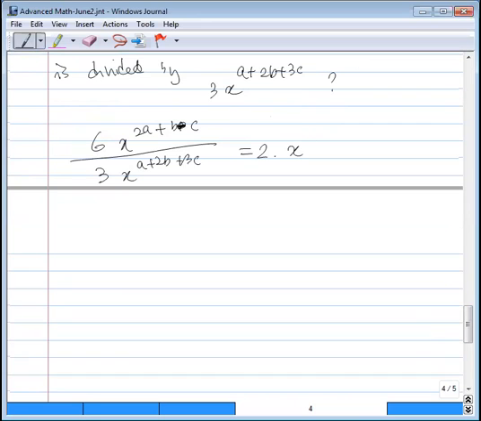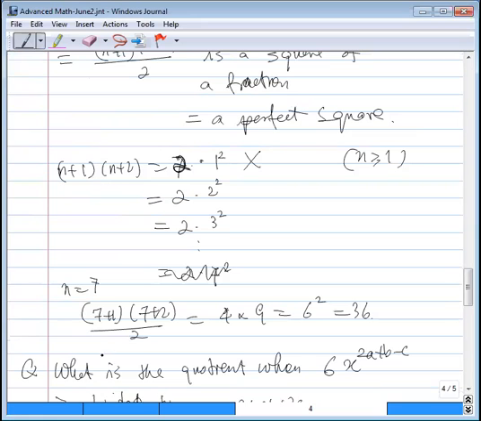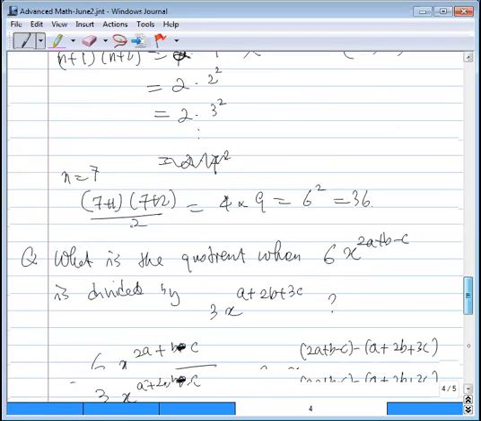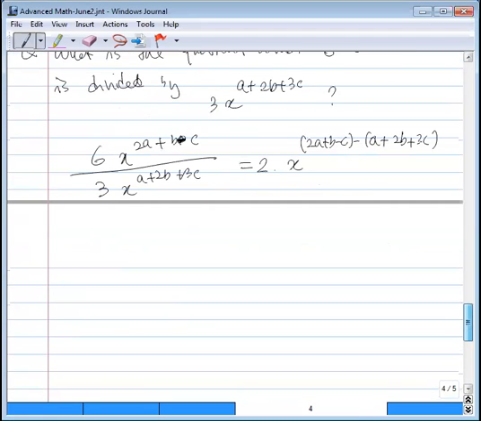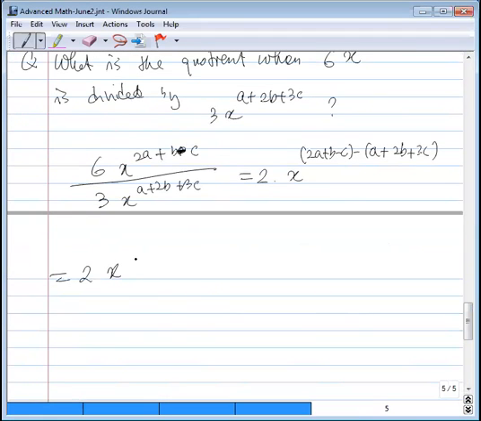The formula says a plus b minus c minus a plus 2b plus 3c, so there's the subtraction of the powers. After simplifying, you get 2x, 2a minus a is a, b minus 2b is negative b, and c minus 4c.